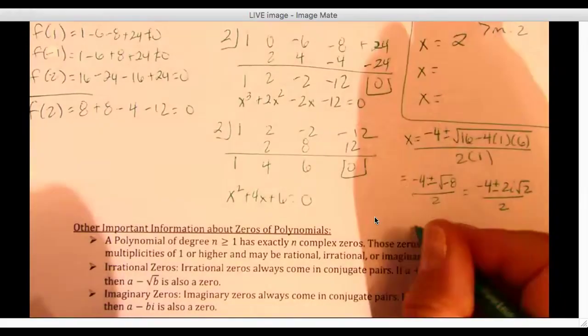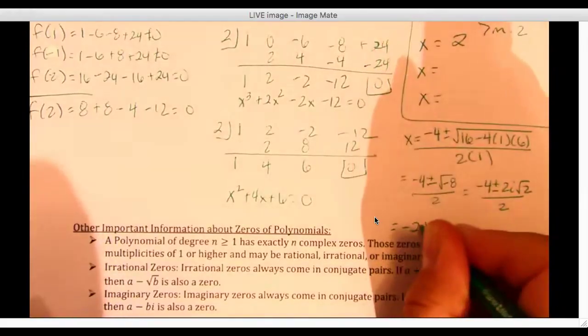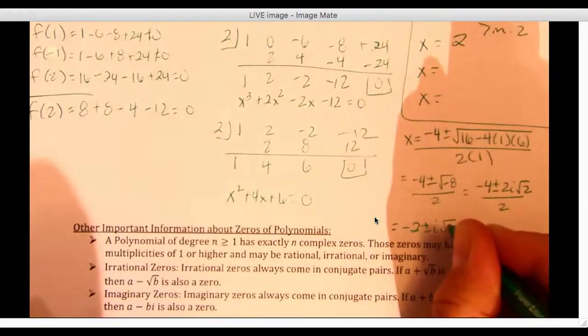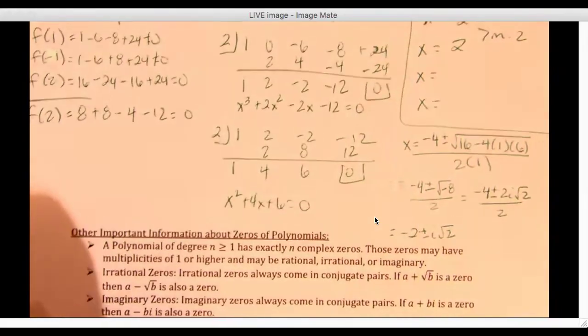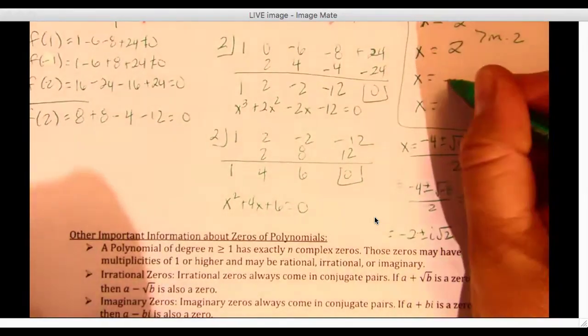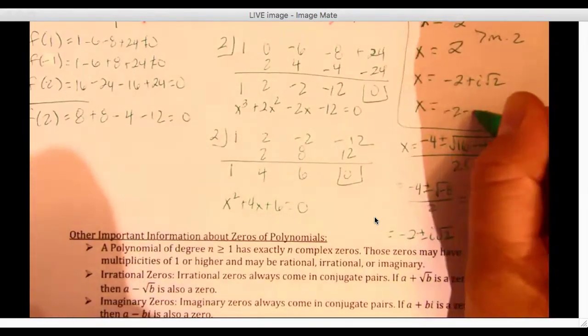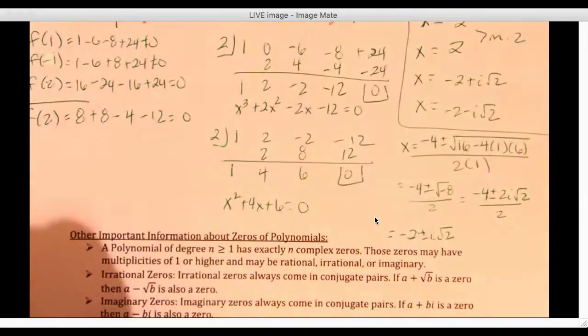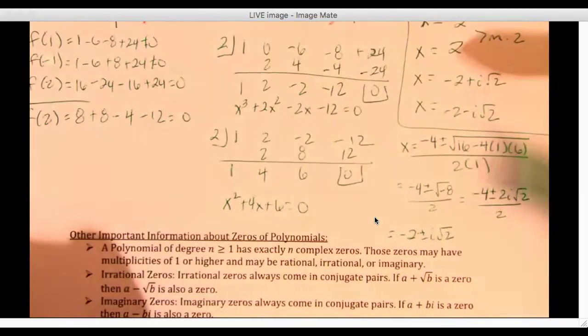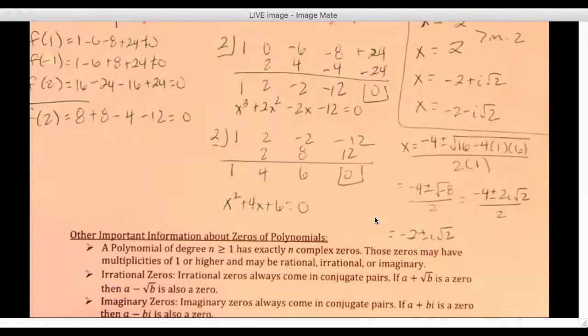And I can reduce that, and that ends up being -2 plus or minus i root 2. So my last two x's here are -2 plus i root 2 and -2 minus i root 2. And so, since these are imaginary, these are two places where our graph does not actually cross the x-axis.